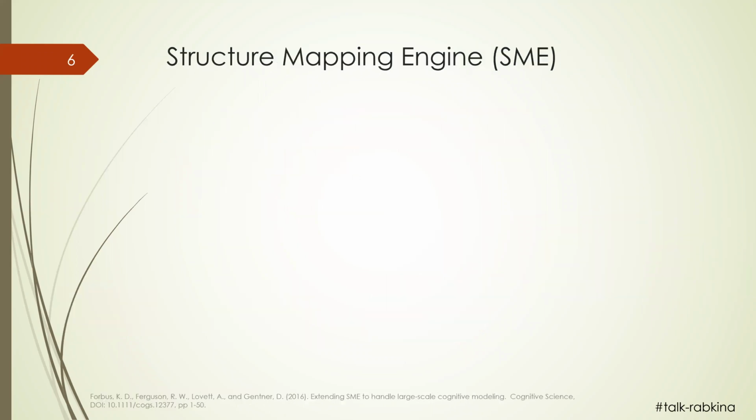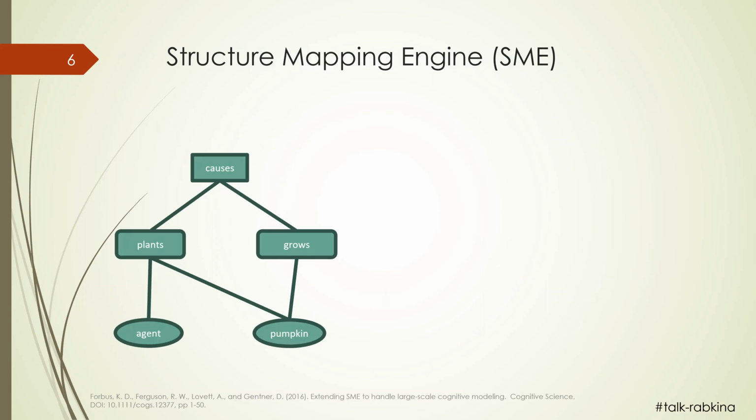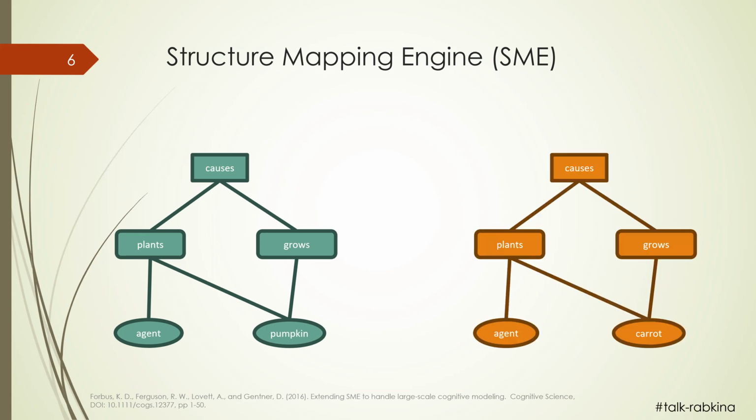So briefly, what SME does is, given a structured representation, and here we're going to use a farming example because that's the task we'll be talking about in a little bit. So here you have an agent that plants a pumpkin, and that causes the pumpkin to grow, compared to another case in which an agent plants a carrot, and that causes the carrot to grow.